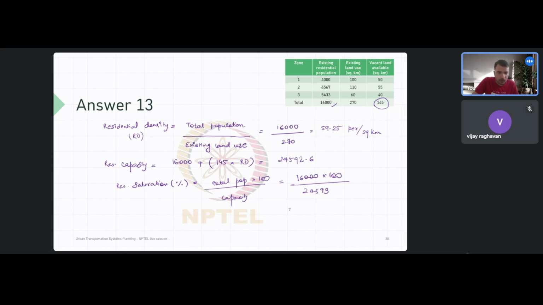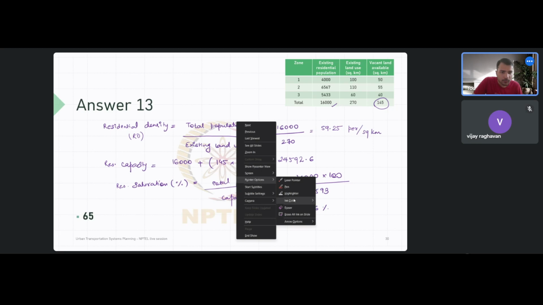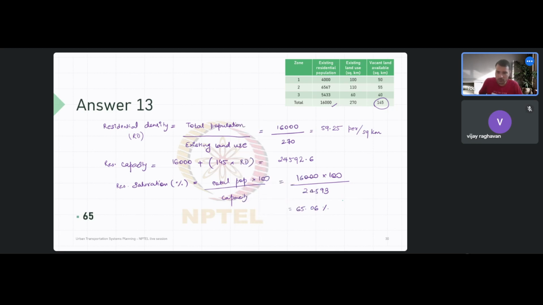It is coming at around 65.06%. Yeah, there is 65. We can round it up to 65. So this is the answer.